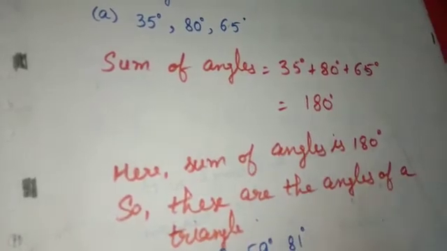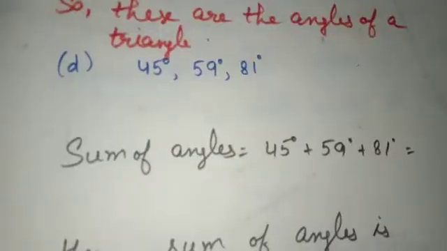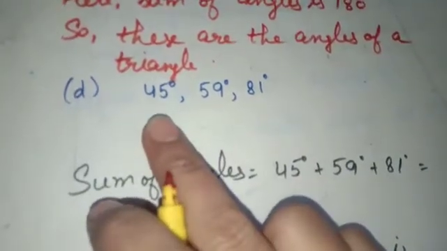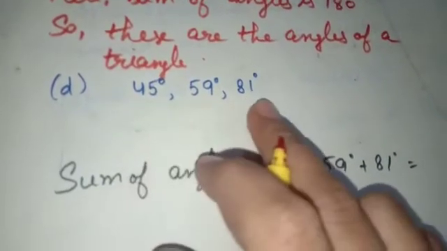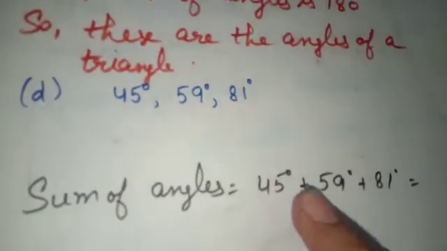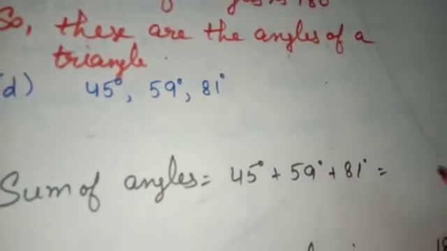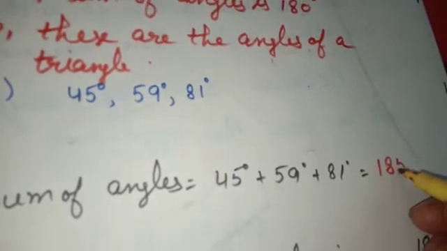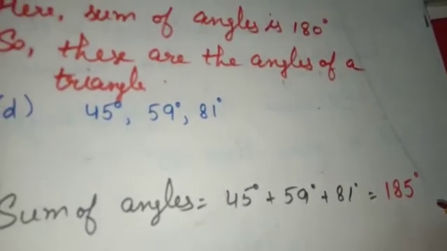Okay, this completes our A part. Let's start its D part. Here three angles are given: 45 degrees, 59 degrees, and 81 degrees. Similarly, we find the sum of angles, 45 plus 59 plus 81. When I add all these angles, I get the sum 185 degrees.